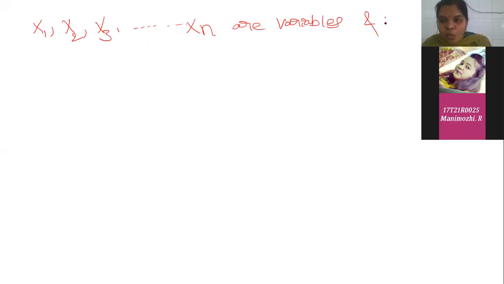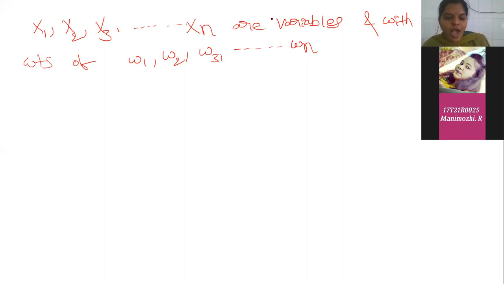Next point, write down: if x1, x2, x3 and so on up to xn are the variables, with respective weights W1, W2, W3 and so on up to Wn assigned to them, each weight is indicating the relative importance of each given value.